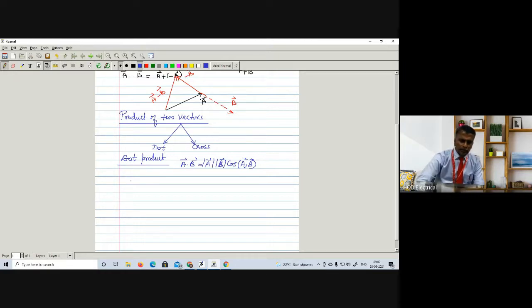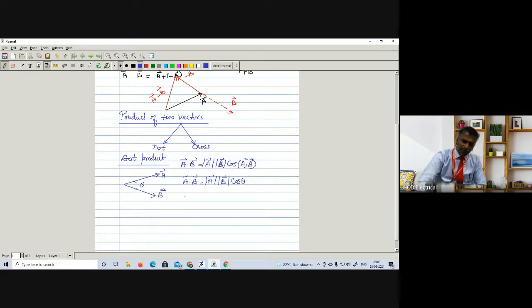So for example, if we have one a vector like this, and another b vector like this, and theta is like this, then a vector dot b vector equals magnitude of a, magnitude of b, times the cos of the angle between these two vectors.